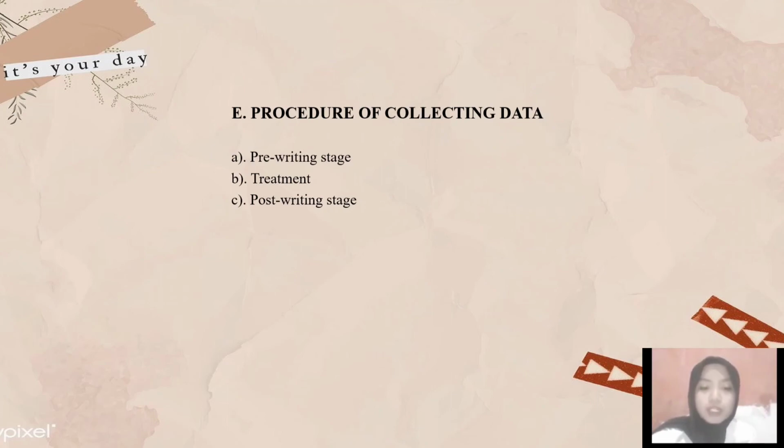For the treatment in this step, the researcher will use the discussion technique. Then students will be divided into several groups as treatment to overcome the problem of low ideas in students' writing skill. The treatment will be given for 4 meetings.